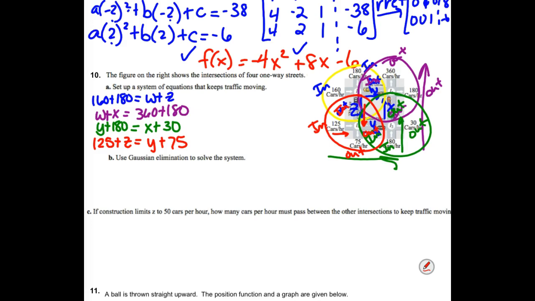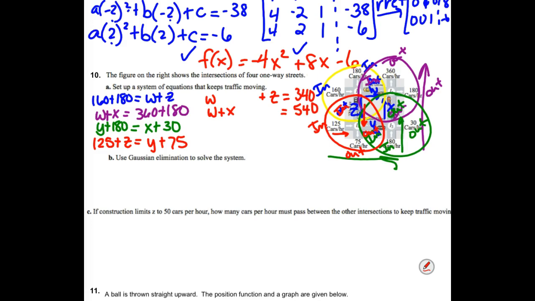But we can say that W plus Z, so W, no X's, no Y's, and a Z, has to equal, what's 160 plus 180? Okay. All right. Our next row says W plus an X has to equal, what's 360 plus 180? Okay.